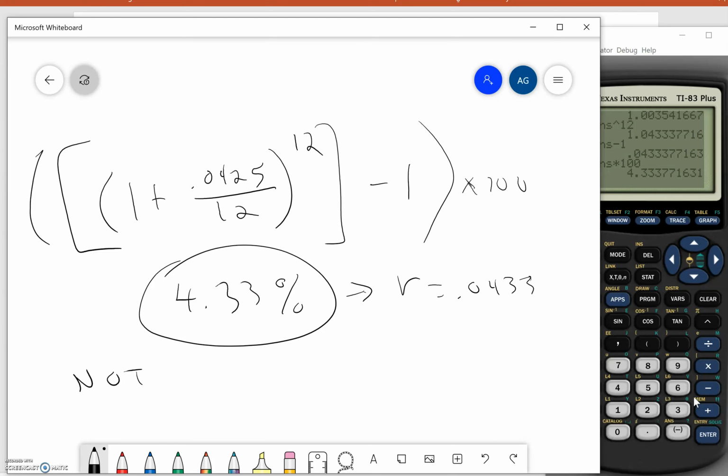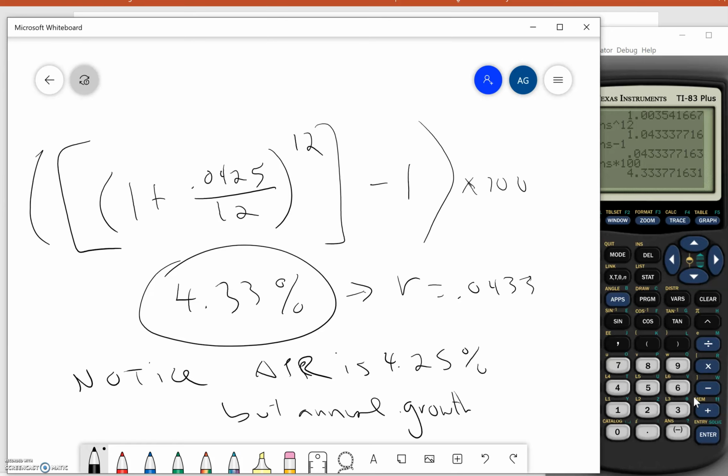So notice APR is 4.25%, but the annual growth rate is a little bit higher, 4.33%.